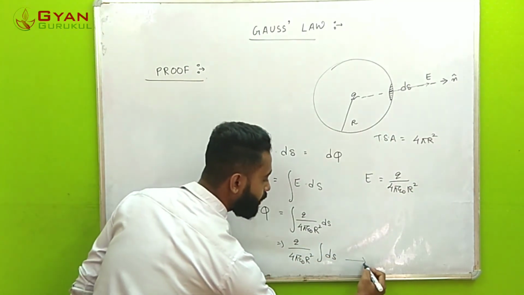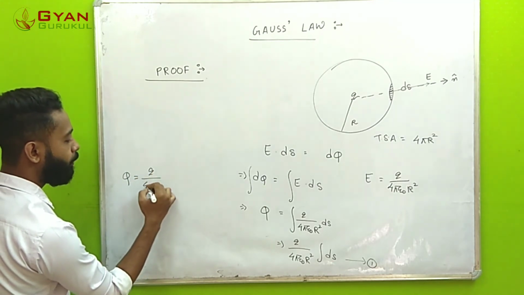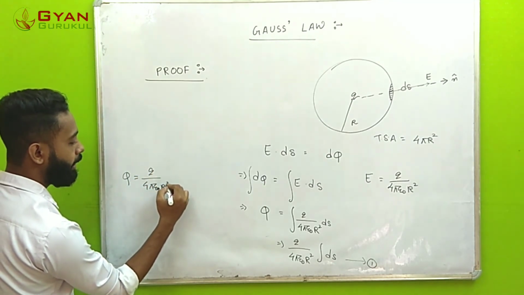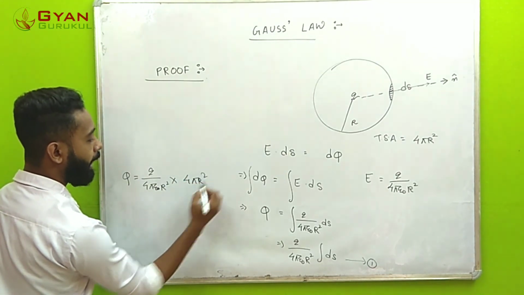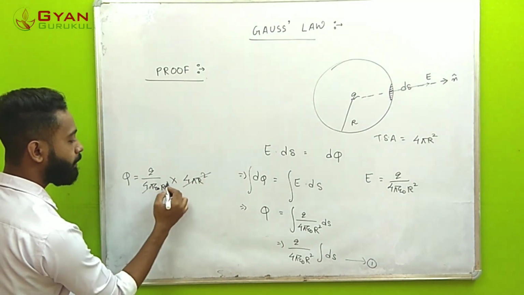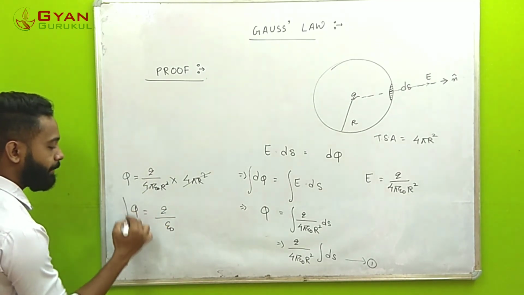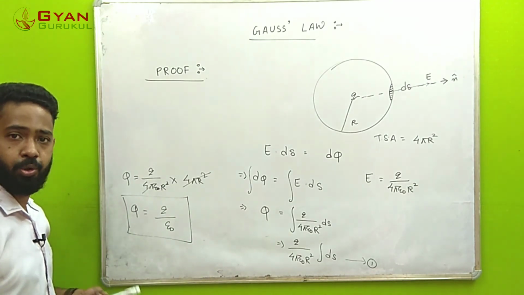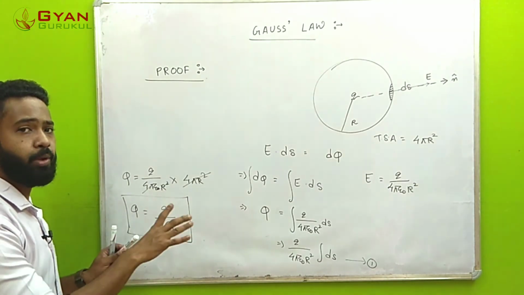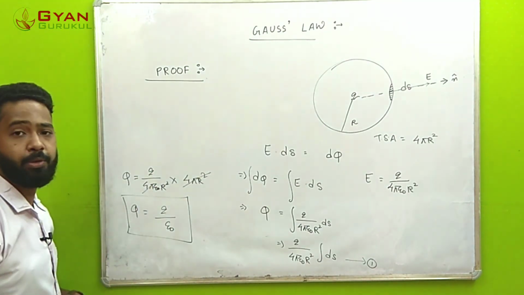Hence this equation would look like phi equals q by 4 pi epsilon naught r squared into 4 pi r squared. If you cancel out the 4 pi r squared part, we will be left with phi equals q by epsilon naught, which is actually the proof of the Gauss law. So that is all about the proof that you need to understand in order to get the Gauss law according to the expression of phi equals q by epsilon naught.